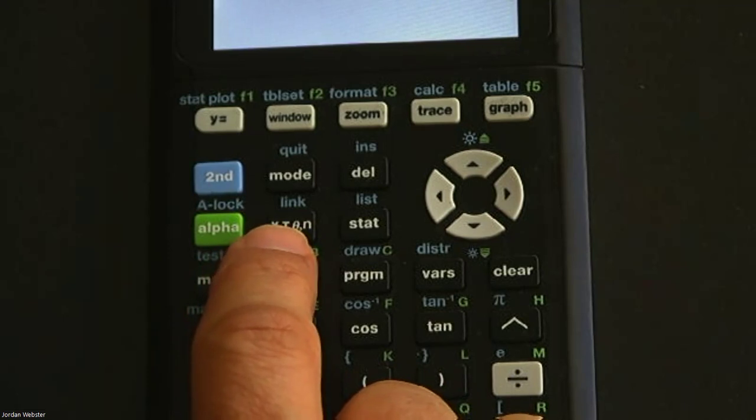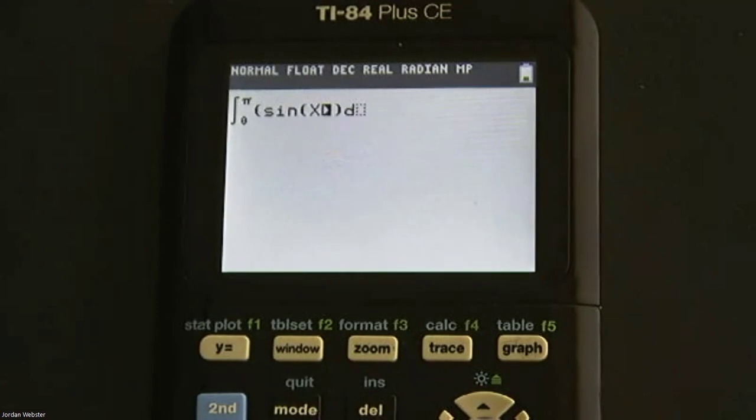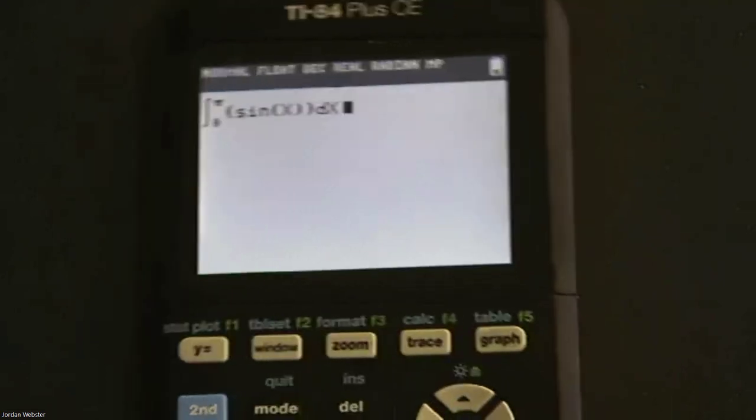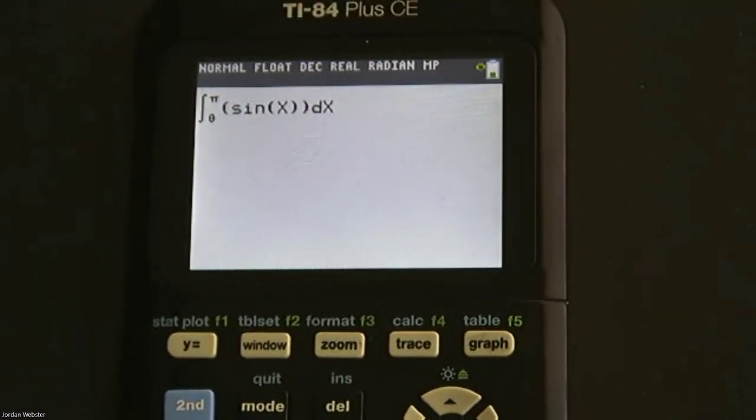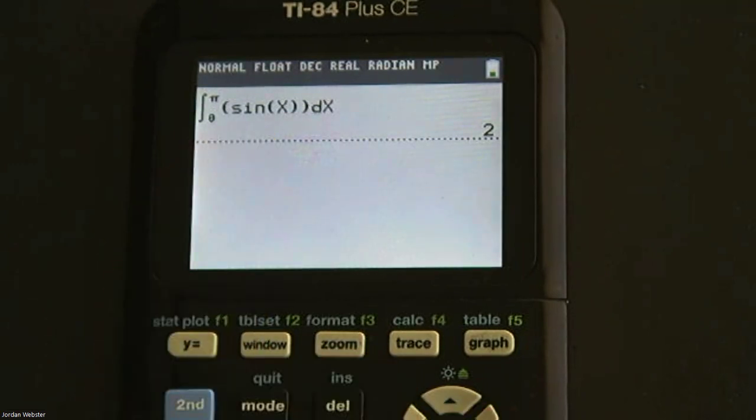If you're in parametric mode, it gives you a t. If you're in polar mode, it gives you a theta. So sine of x, and then I scroll over with respect to, again, the variable key x. And sure enough, I get 2, just like I would have if I had integrated sine by hand and then plugged in pi and plugged in 0.